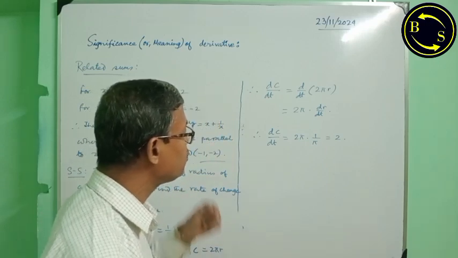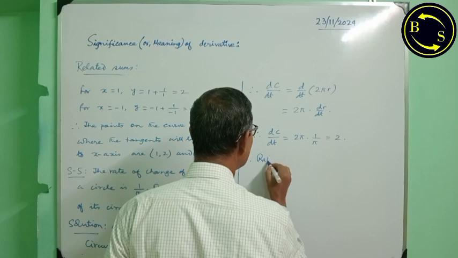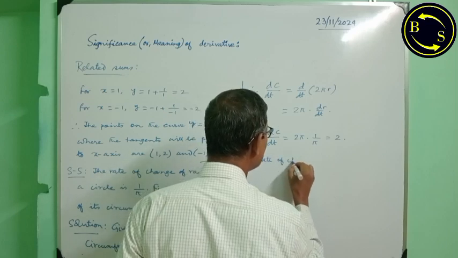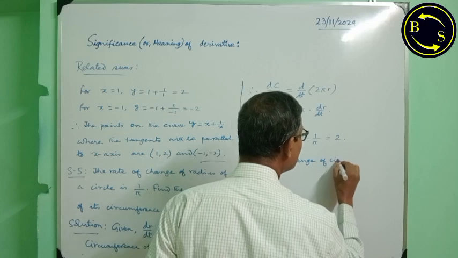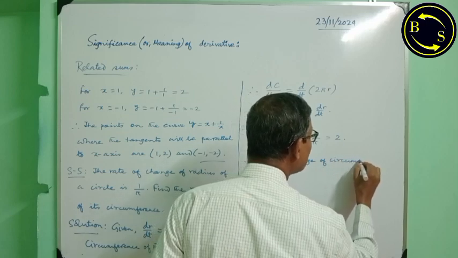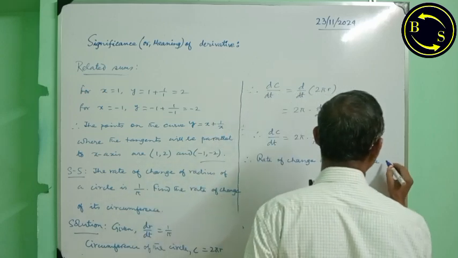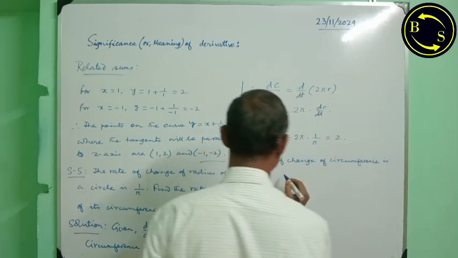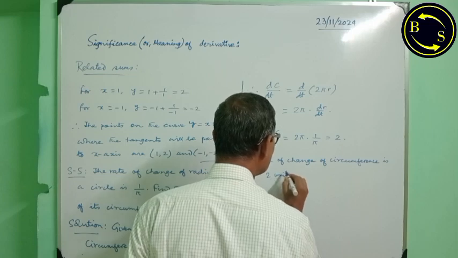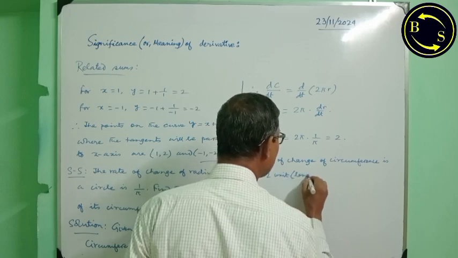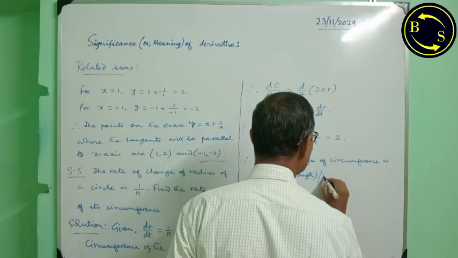That means the rate of change of circumference is 2 unit. This is actually unit of length per unit time.